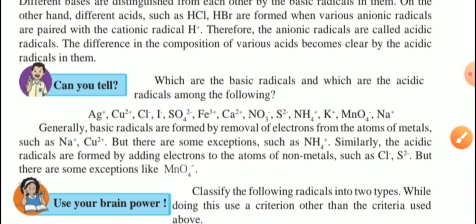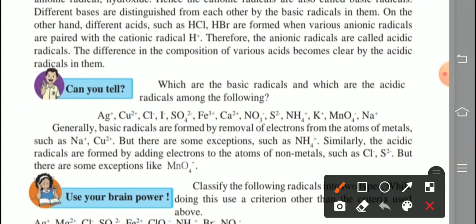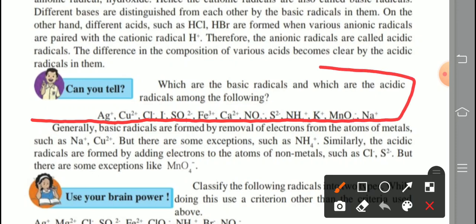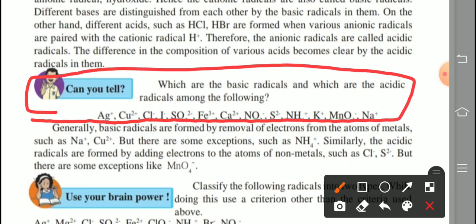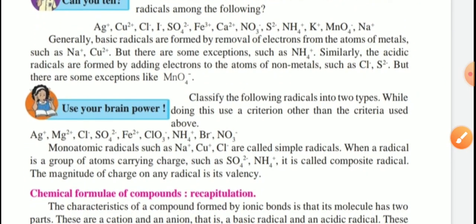Next one. Now on this next page, which part is omitted? First of all, you omit it. Now can you tell this part is omitted from our syllabus? Where is it up to? Up to this. This part is omitted from our syllabus. Next one. Use your brain power.